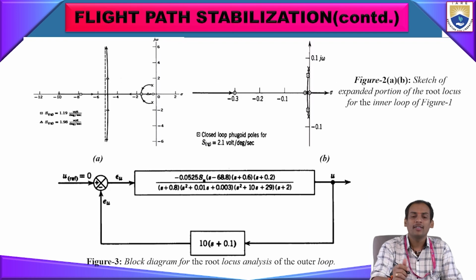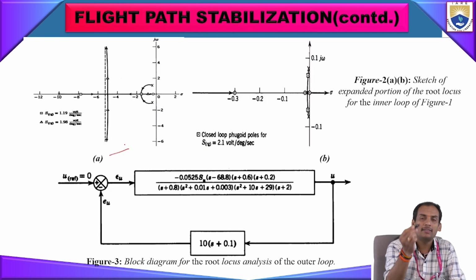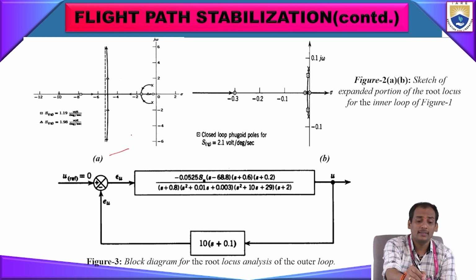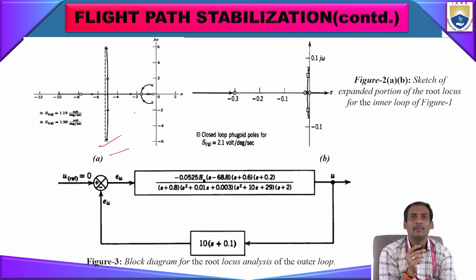So here you see this is actually the previous one. If you see the rate gyro transfer function root locus plot, in the displacement autopilot video we already discussed this root locus, like that loop root locus, and how it behaves near the imaginary values. If you want to refer to that, please refer to my previous video.